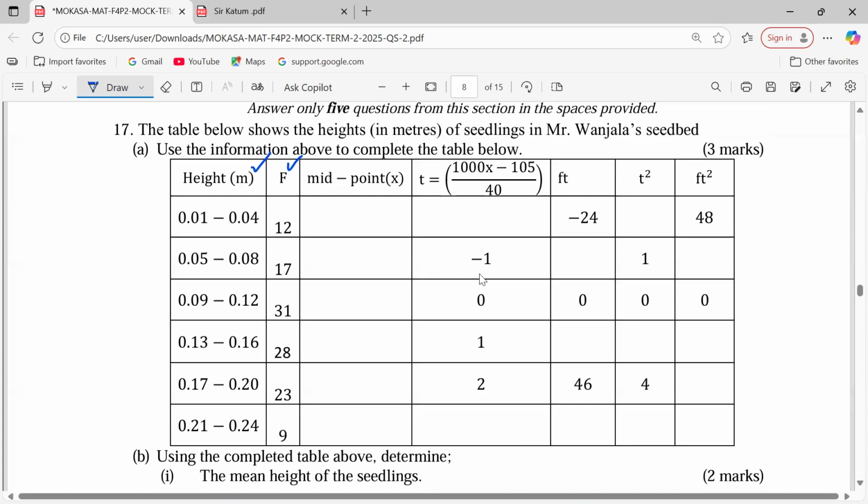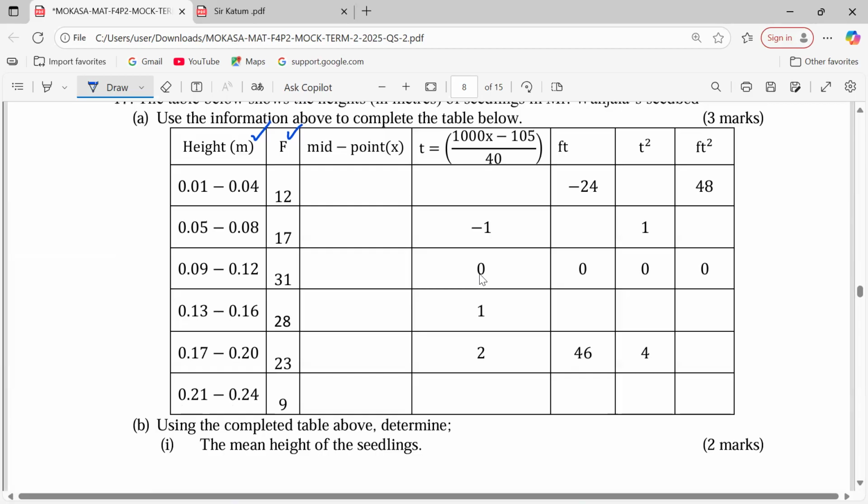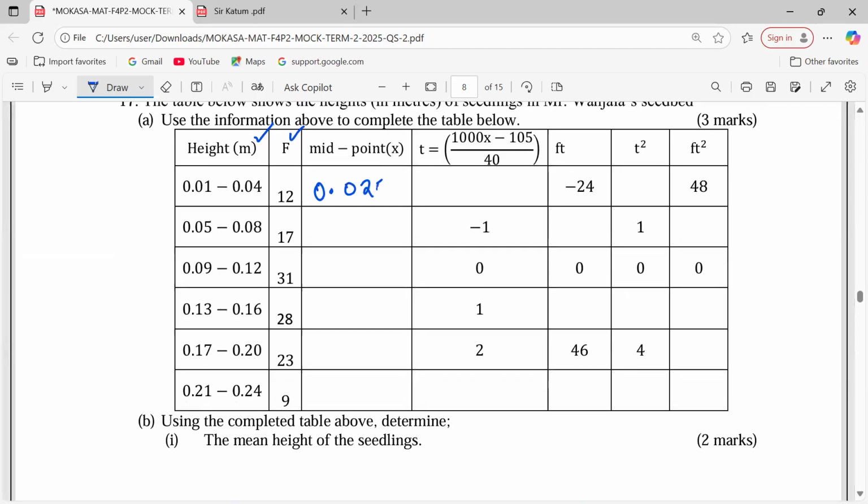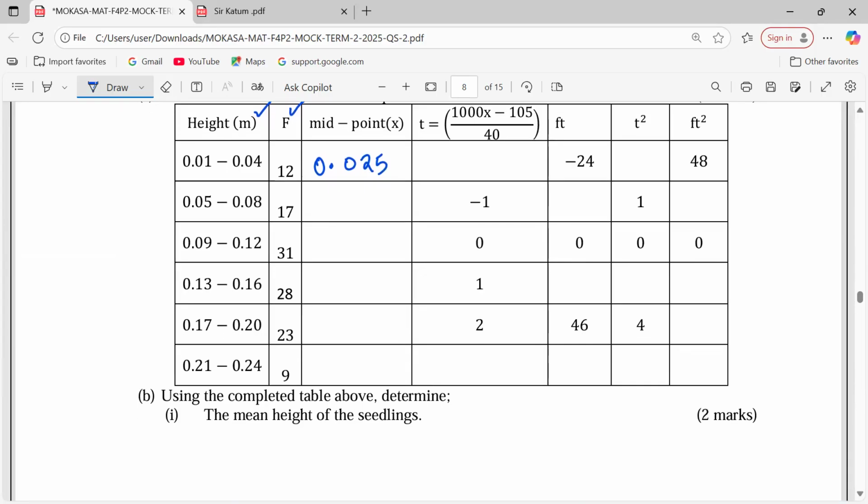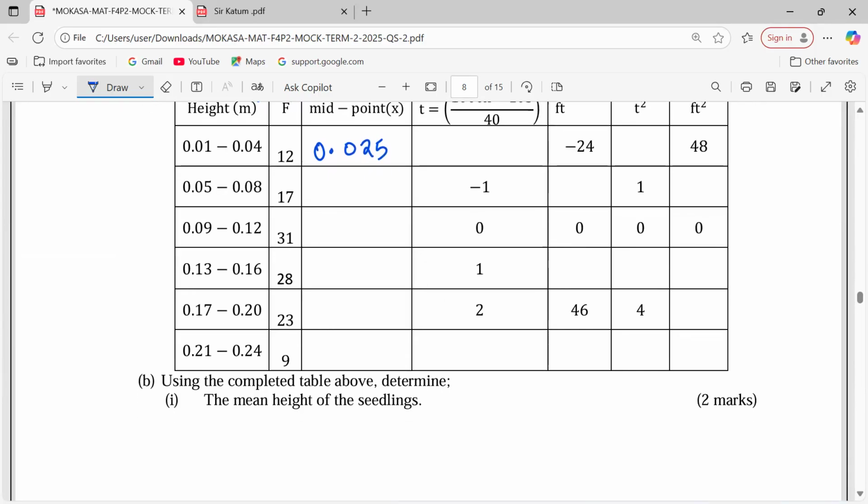We fill the table first. The first limit, 0.01, plus the upper limit, 0.04. Then we divide by 2. We get 0.025. The next one is 0.05 plus 0.08, and we divide by 2.